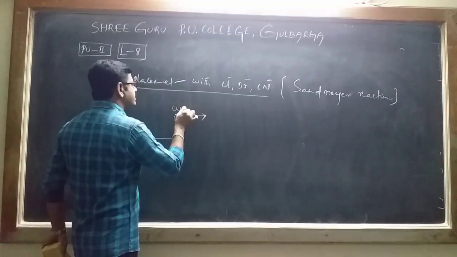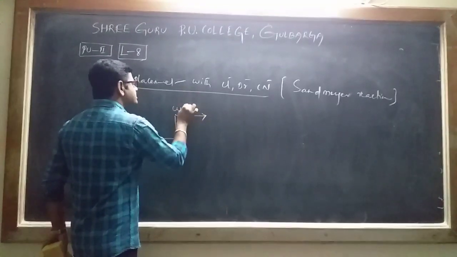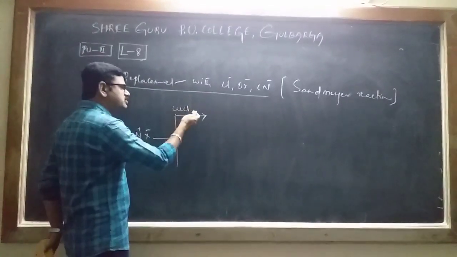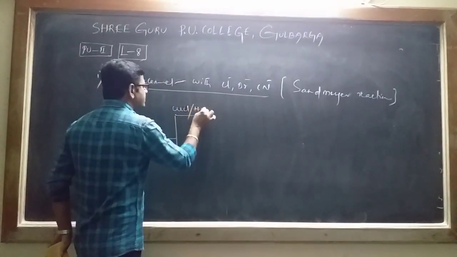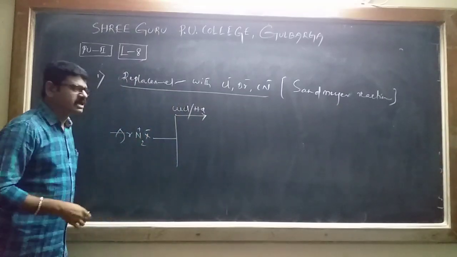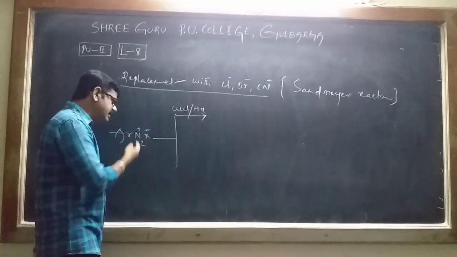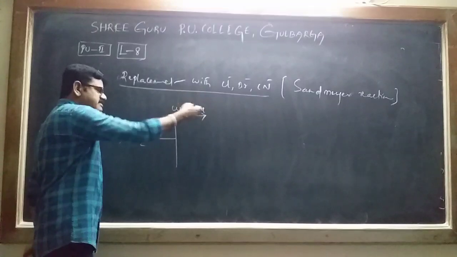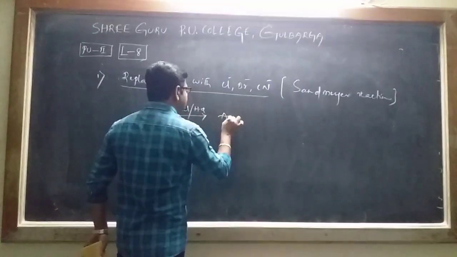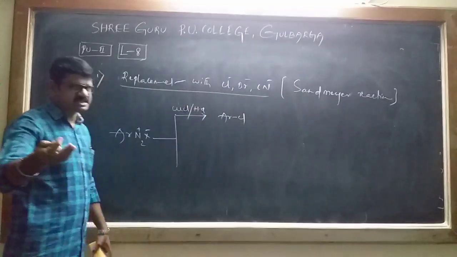We can take CuCl or Cu2Cl2 with HCl. Here the copper oxidation number is 1. If you take CuCl, HCl, the diazo group is replaced with Cl, so you get ArCl, chlorobenzene.